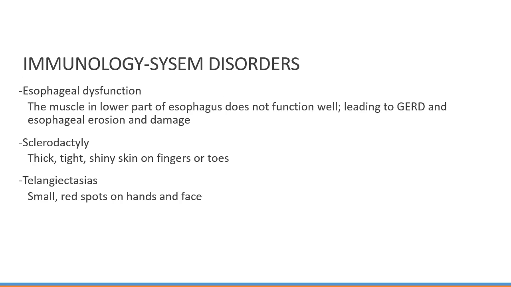Esophageal dysfunction: the muscle in the lower part of the esophagus doesn't function well, which leads to esophageal reflux disease, and esophageal erosion and damage. They have sclerodactyly, which is thick, tight, shiny skin on their fingers and toes, and telangiectasis, which is small red spots on their hands and their feet.